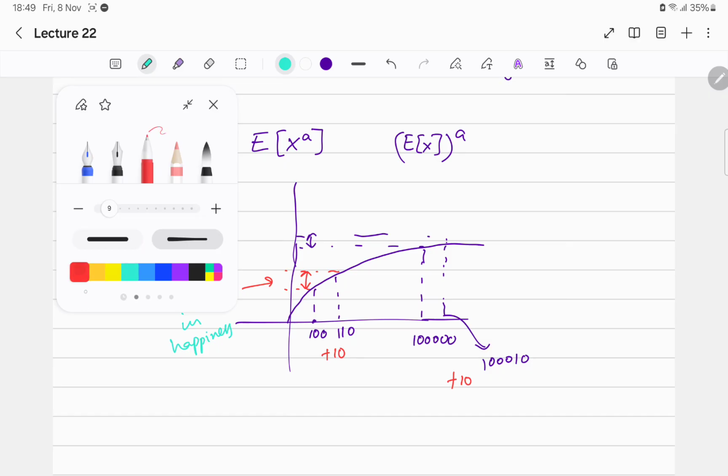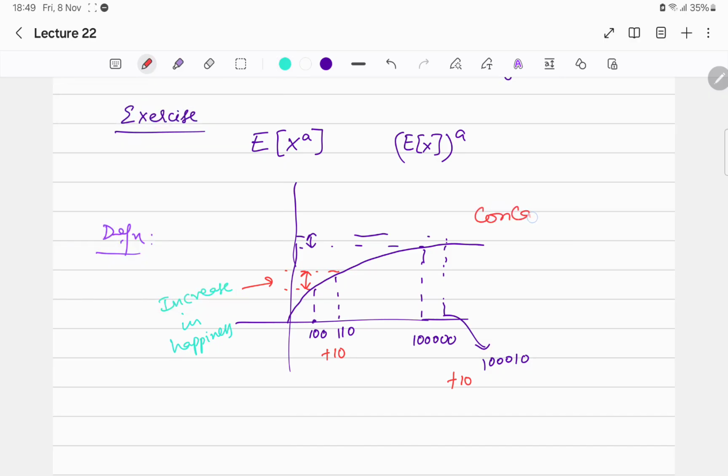So this understanding will give you a mathematical way to verify whether a function is concave or not. Right? So what are we saying? If you look at the slope here, that is, the slope is the rate of increase in happiness, right? Because if you give 10 increment in x, how much is my happiness increasing? That is the slope. If you look at the slope here and the slope here, the first slope is high compared to the second slope.